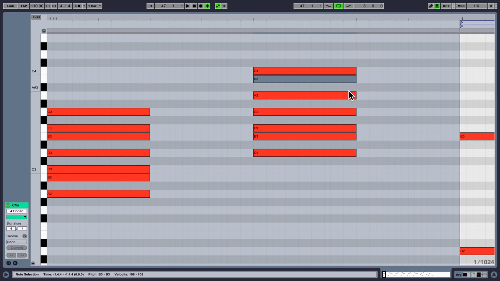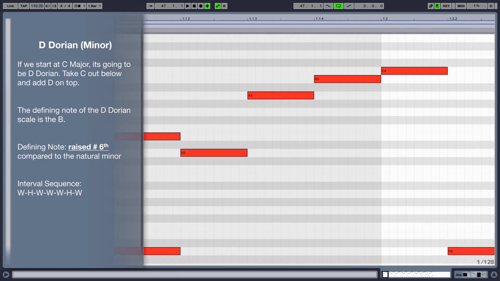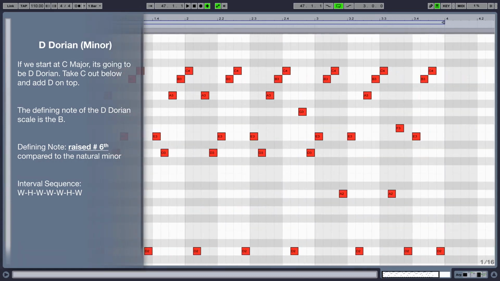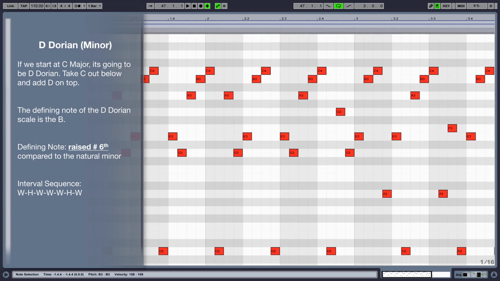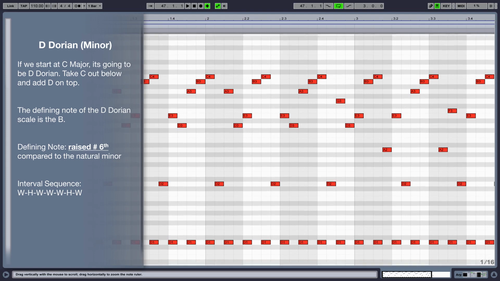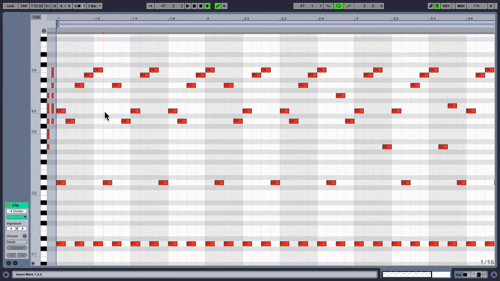Now we can take a look in our example. So we have this note B up here. I'm selecting all of them, and these notes define the character of this Dorian mode.